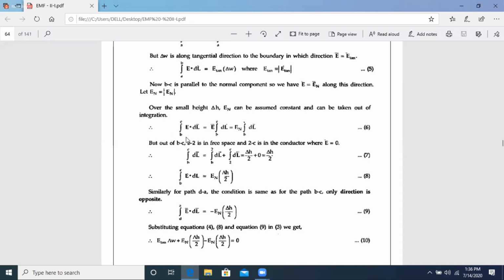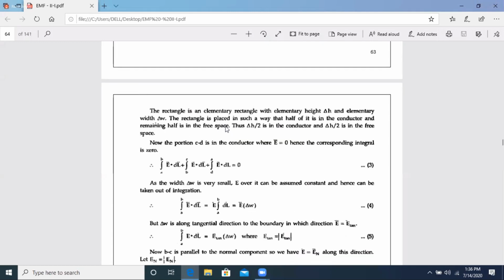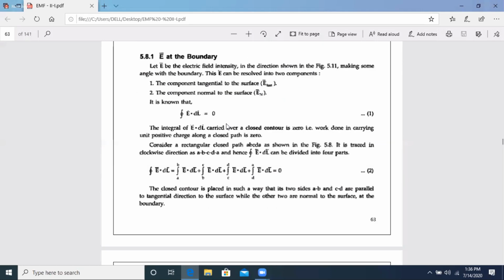So E normal A to B dl is equal to E normal C to B dl. So we are saying exactly what I said before.